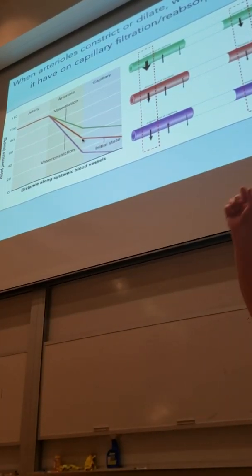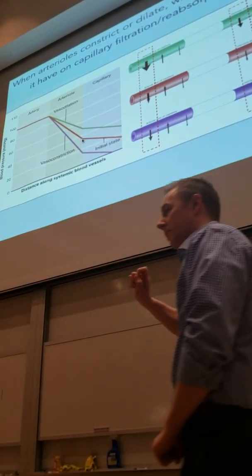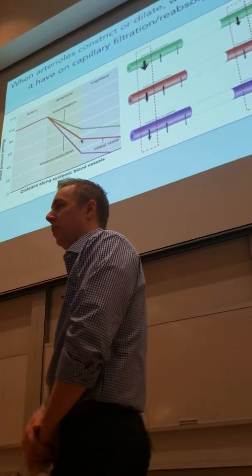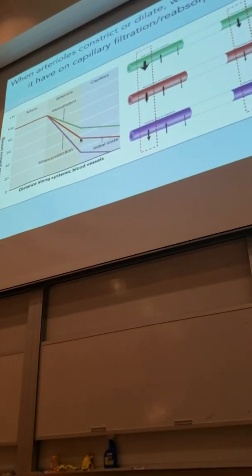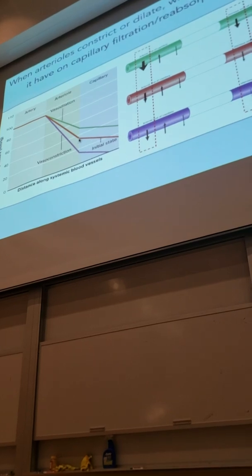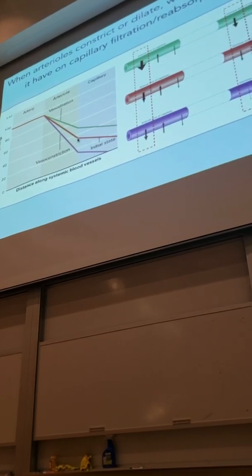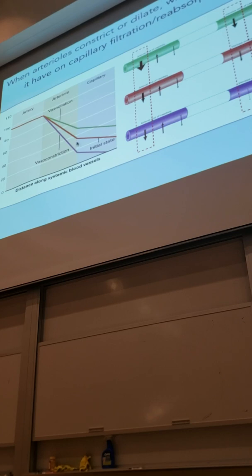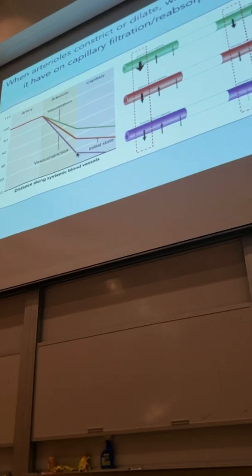What happens when we constrict our arteriole, or when we dilate our arterioles, what happens? If we constrict our arterioles, we've got vasoconstriction here in purple, so now we are lowering the hydrostatic pressure that arrives.